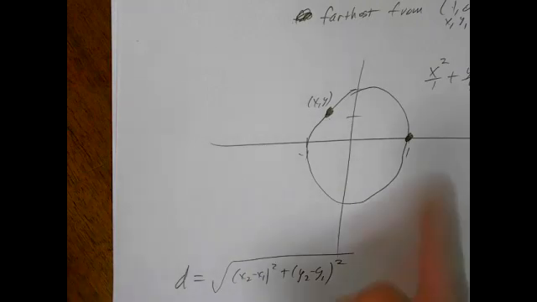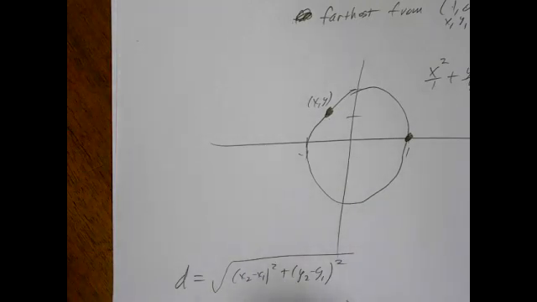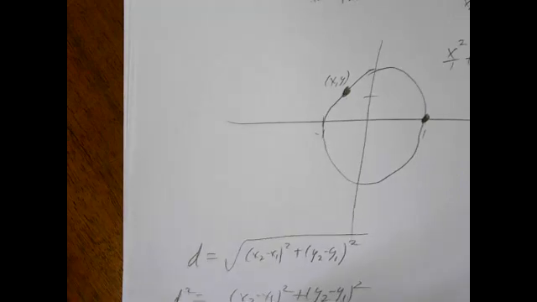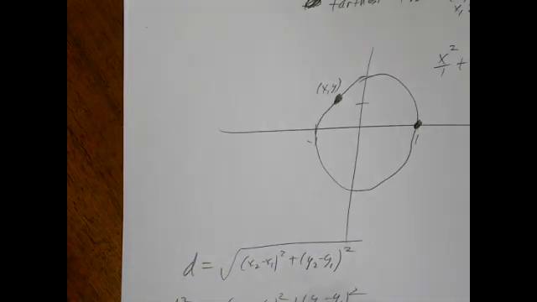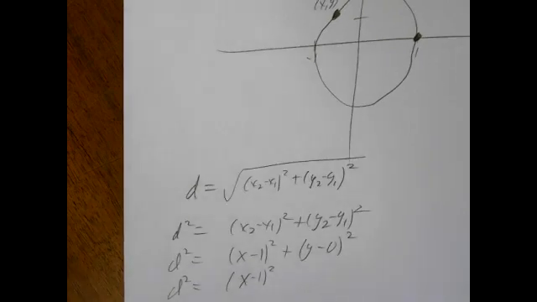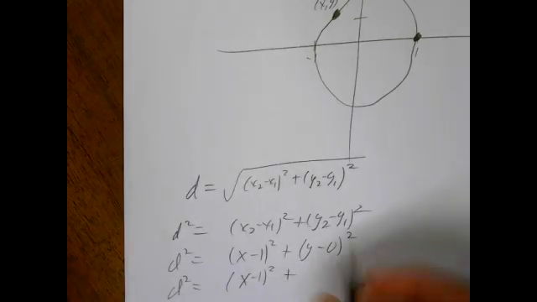So putting that into the distance formula, it's going to be x minus 1, squared, plus y minus 0, squared. This simplifies a little bit. The x minus 1 squared, you could choose to FOIL that out, but I don't think you're really going to have to. Y minus 0 is y, and that just becomes y squared.